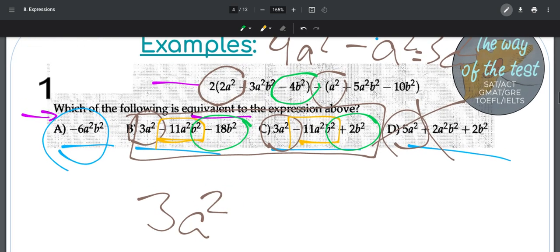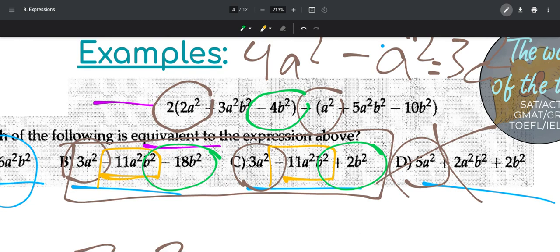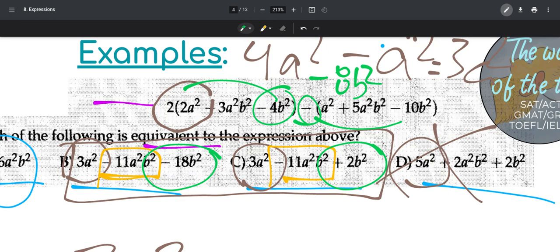So now I'm going to just focus on b squared, not on a squared b squared, just b squared alone. In my original expression, I have negative 4b squared. Okay, 2 times negative 4b squared gives me negative 8b squared. And then I have minus, negative times negative becomes positive, so I have minus 10b squared, that gives me plus 10b squared.